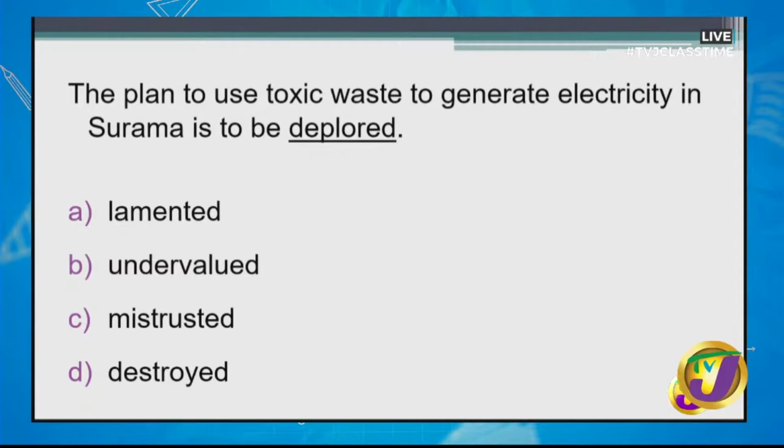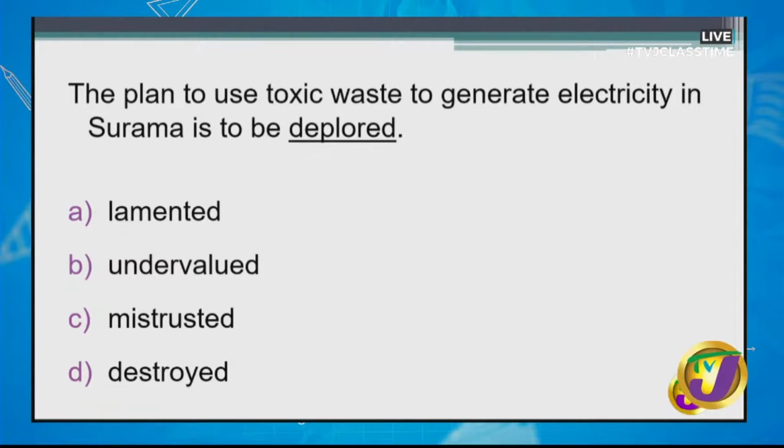So your options now: lamented, undervalued, mistrusted, destroyed. When you deplore something, what do you do? This is a plan to use toxic waste to generate electricity. Might be a good plan, might not be a good plan.